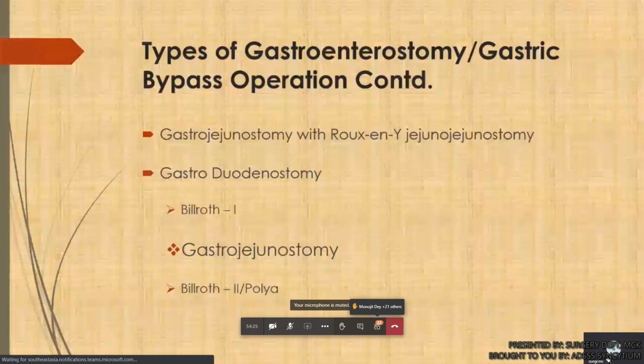Gastroduodenostomy is not done in case of gastric outlet obstruction. Gastroduodenostomy or gastrojejunostomy alone is not done in case of gastric outlet obstruction.